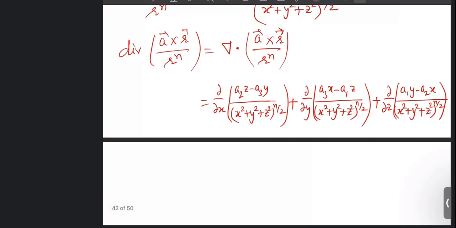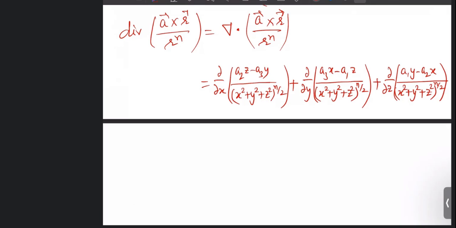Now consider the derivative of each one. First, the derivative of this with respect to x. In the numerator, there is no term involving x, so it is considered a constant. Only the derivative of the denominator is needed. For the derivative of the denominator, we first write it raised to the power minus n by 2, and its derivative is minus n by 2 into the whole raised to the power minus n by 2 minus 1, then into the derivative of x square plus y square plus z square, which is 2x.